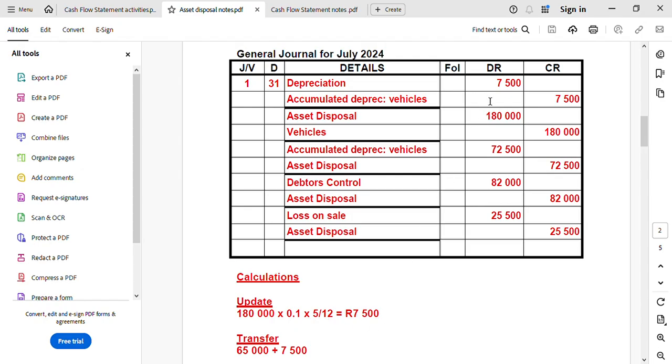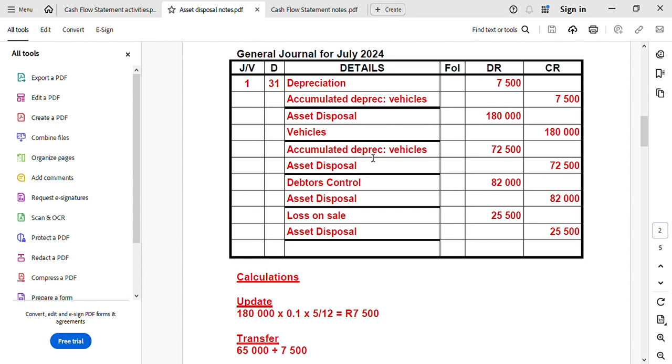So your double entry here is to debit depreciation with that 7,500 and to credit accumulated depreciation. Step 2 is to decrease the cost price of the asset, so you credit vehicles with a cost price of 180,000 and debit asset disposal. Step 3 is to transfer accumulated depreciation.